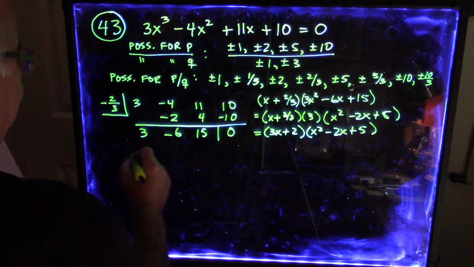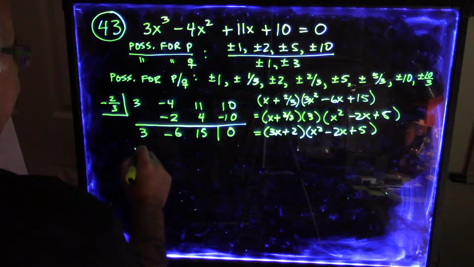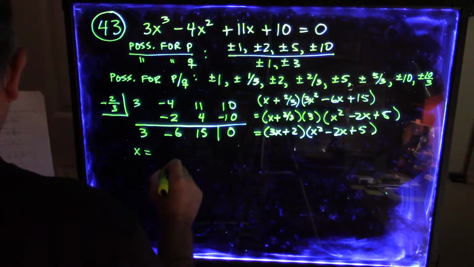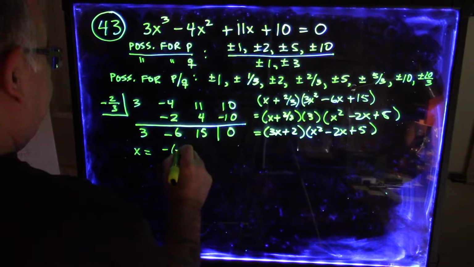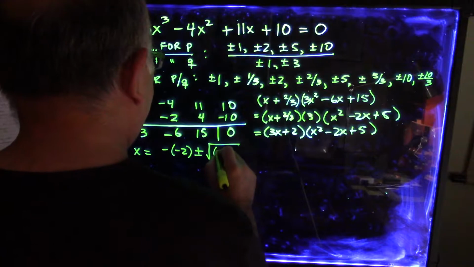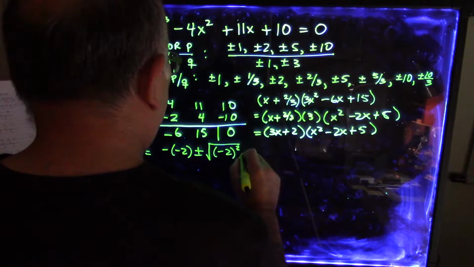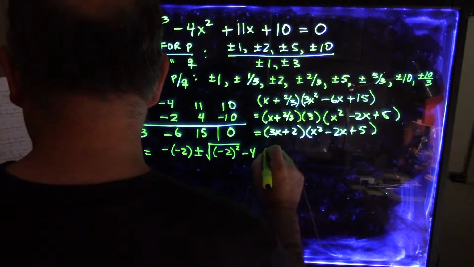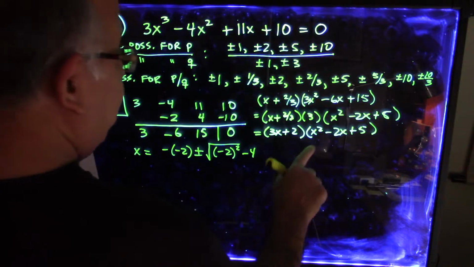Alright, so we'll just use the quadratic formula. X equals negative b, that's negative of negative 2, plus or minus square root of b squared minus 4ac, and we're doing this one here.